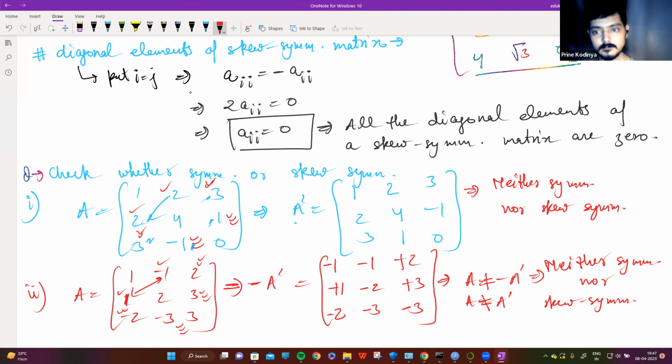Can you see? No, diagonals of the transpose should not be unequal. I mean, diagonal elements of the transpose must be equal to the diagonal elements of the matrix, because diagonal elements are not changed. In A as well as A dash, diagonal elements remain the same.